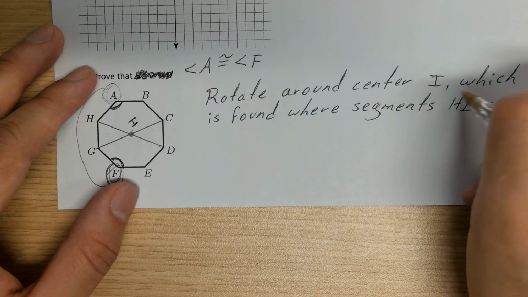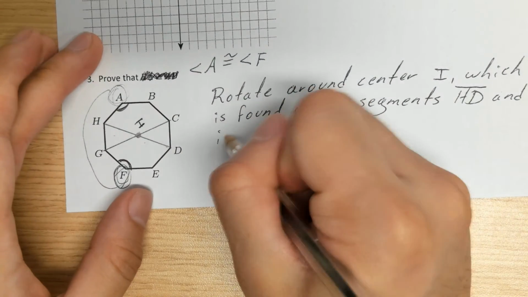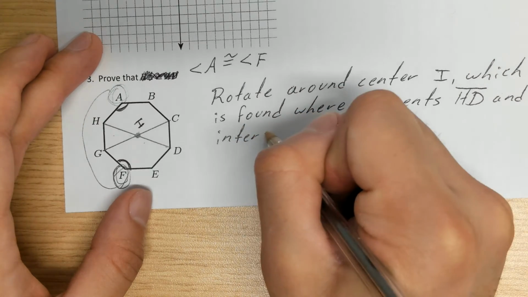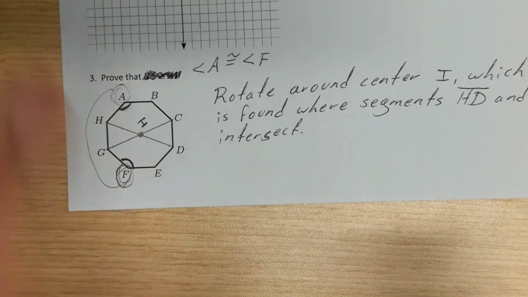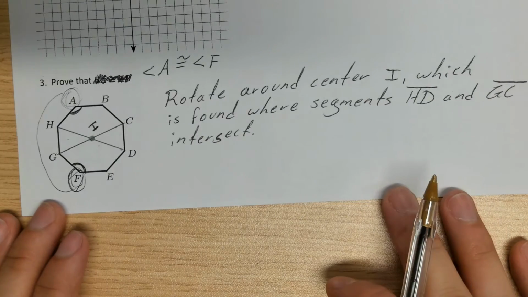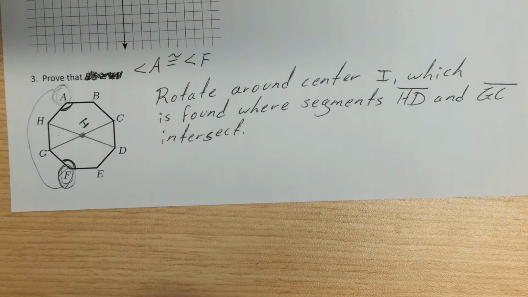You want to write the little line on top of them because they're segments. Tienen que describir todo lo que hacen para encontrar ese centro. So, tenemos que rotar alrededor del centro I, el cual se encuentra donde el segmento HD y el segmento GC chocan, intersectan. So rotate around center I, which is found where segments HD and GC intersect.